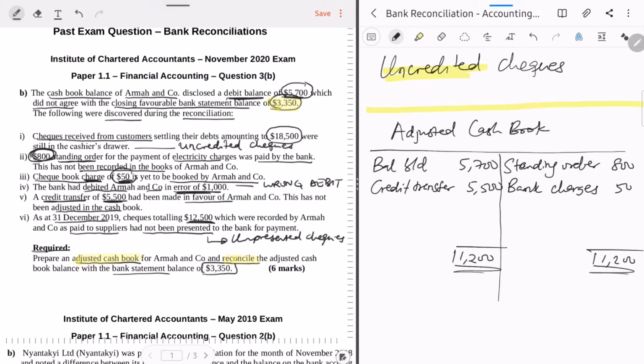And then you find the difference between 11,200 and 850, these two. So minus 850 gives me 10,350. So 10,350 will be my balance carried down. This obviously means I have a balance brought down of 10,350.